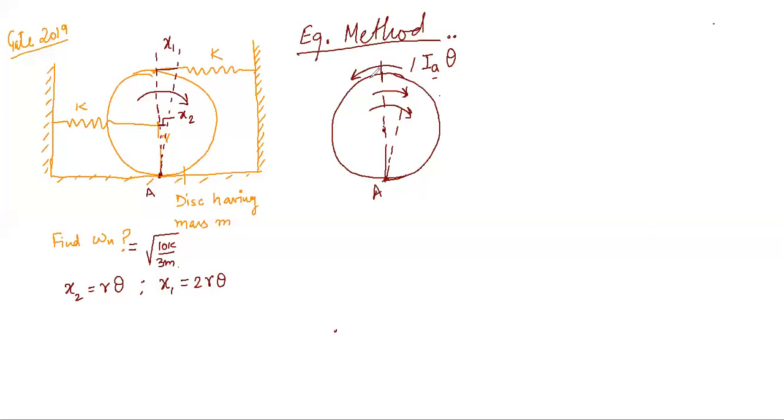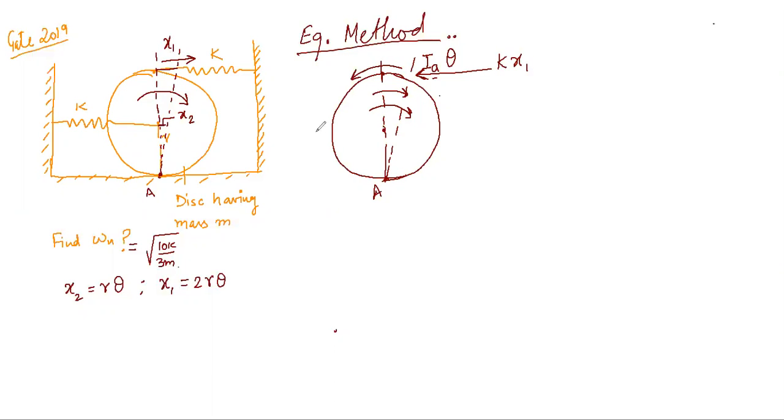Now, just tell me one thing. If this disk applies force on the upper spring, then the upper spring at this particular point gives an opposite reaction force, whose value is kx, right?